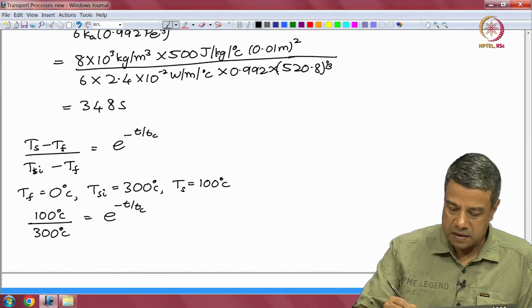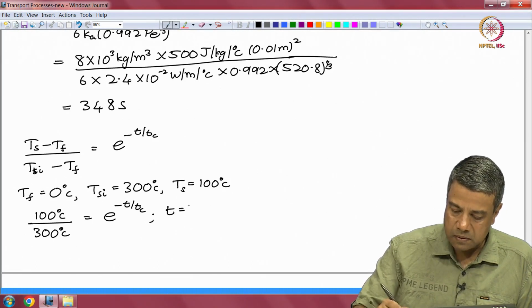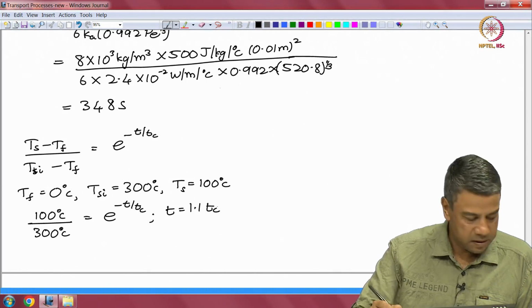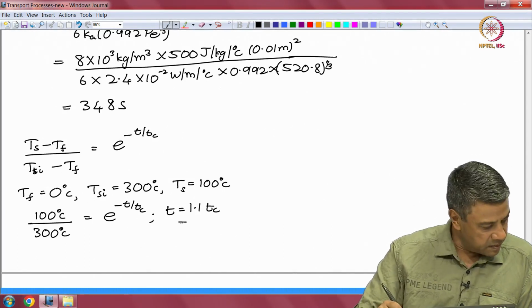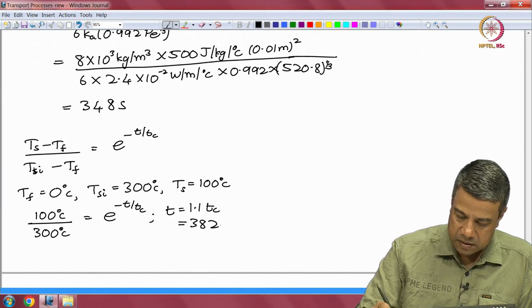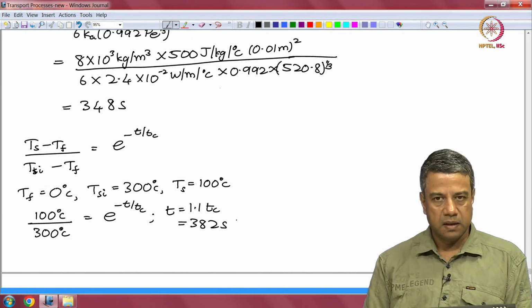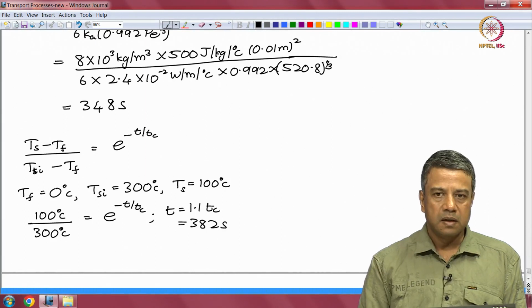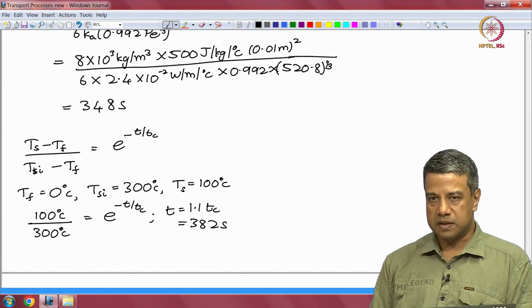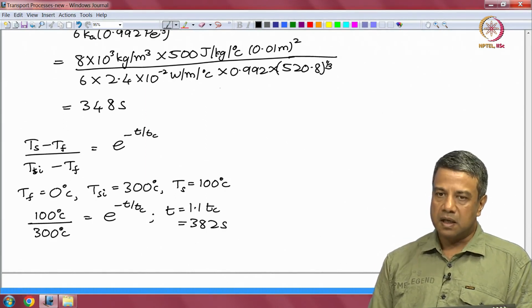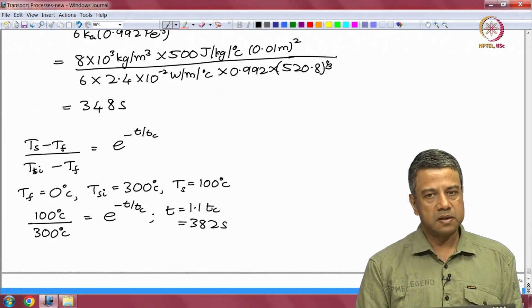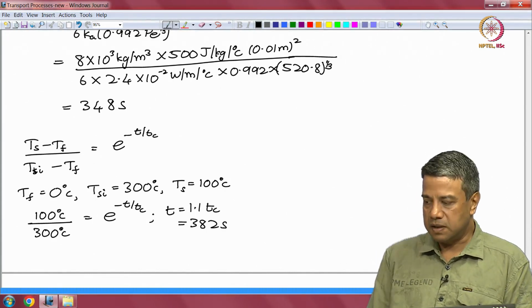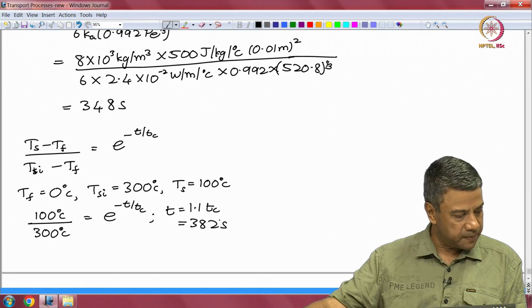And you can solve this to get t is equal to 1.1 Tc, which is approximately equal to 382 seconds. It is approximately about 6.4 minutes. That is the time it takes under the current of air for the temperature to decrease from 300 degrees centigrade to 100 degrees centigrade.